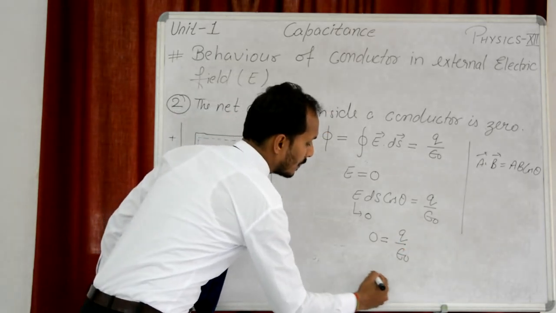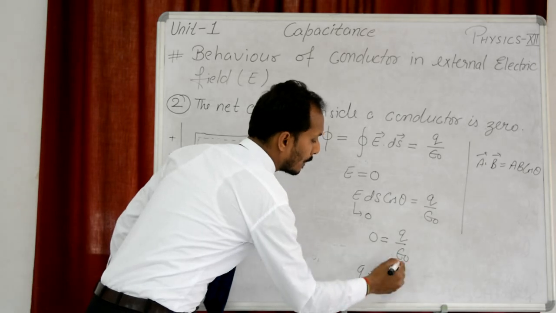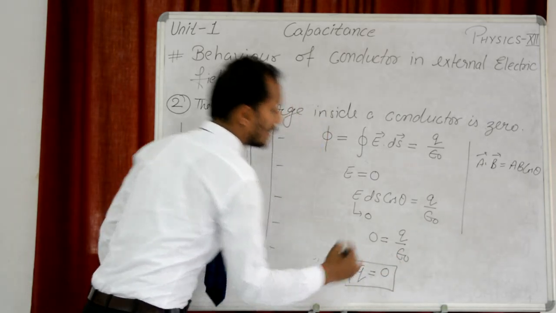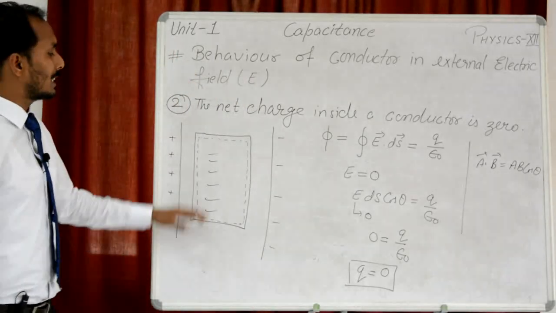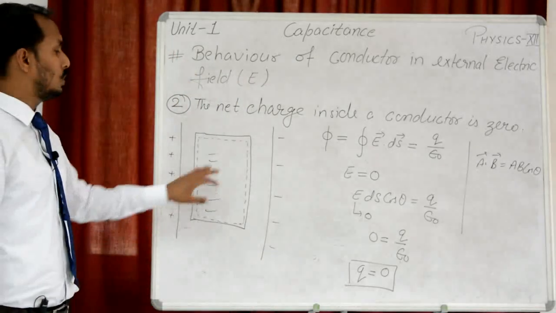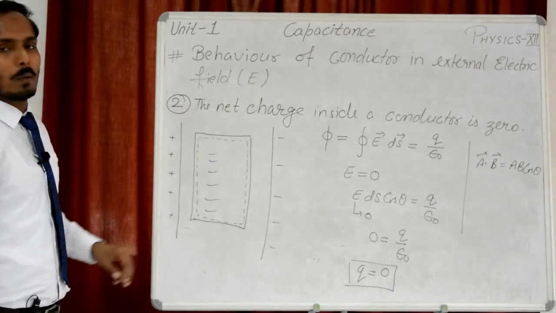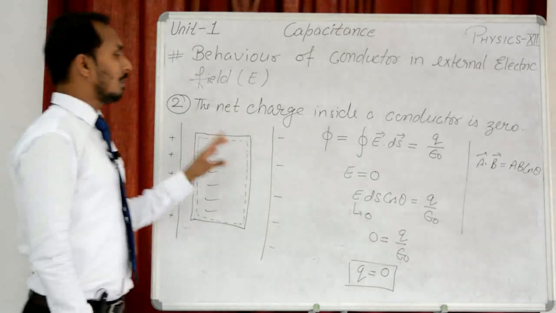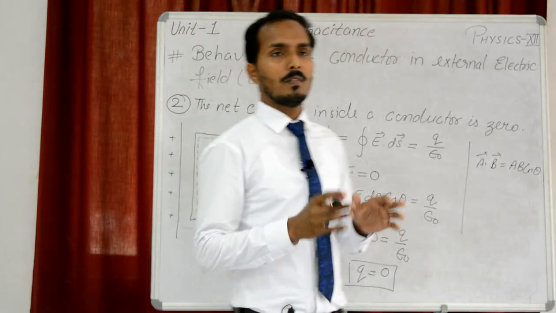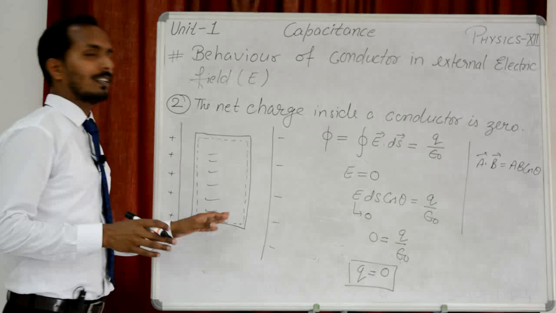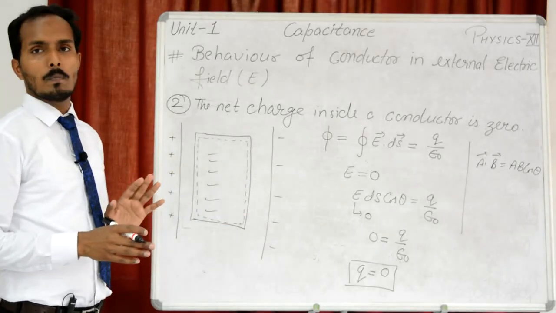Multiplying 0 by epsilon naught gives 0. So this shows that the total charge inside a conductor is 0 when you place it in an external electric field. This is the second important property.